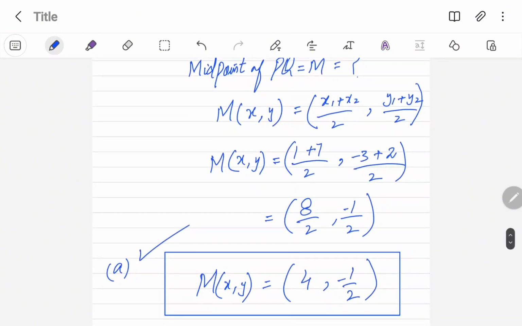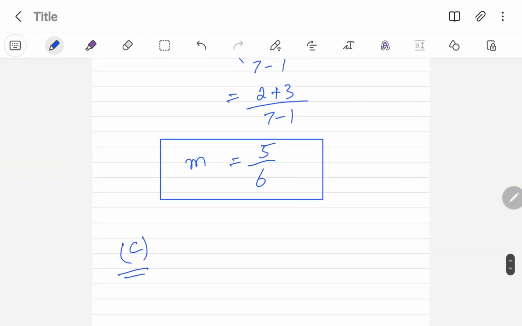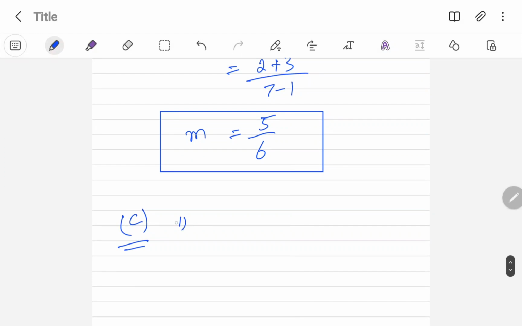First of all, we will solve its first part, which has the equation 2x minus 5y is equal to k.